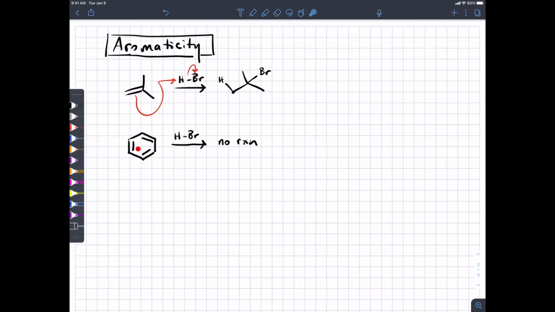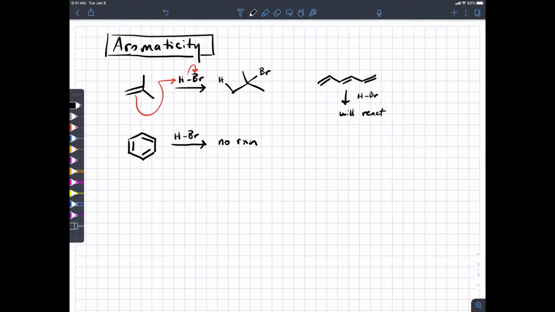If then we conclude that the pi bonds in the benzene ring are less reactive than the pi bond in the alkene, that must mean they're lower in energy. And we need to determine why. Now, in this case, you might say, well, it's conjugated, and that you get resonance stabilization. But I'm here to tell you that if you take the same number of conjugated pi bonds, I don't want to draw the products because they're complicated, but this one will react.